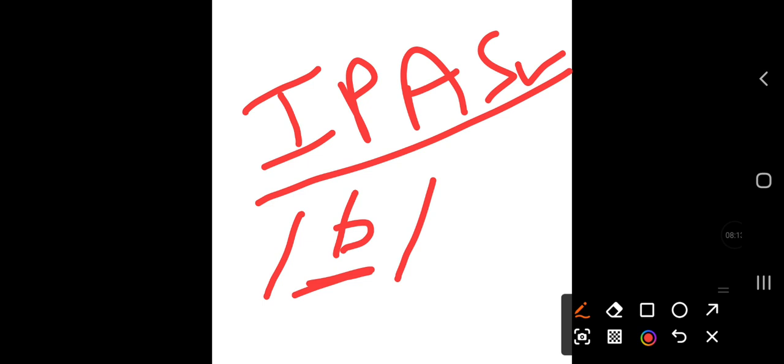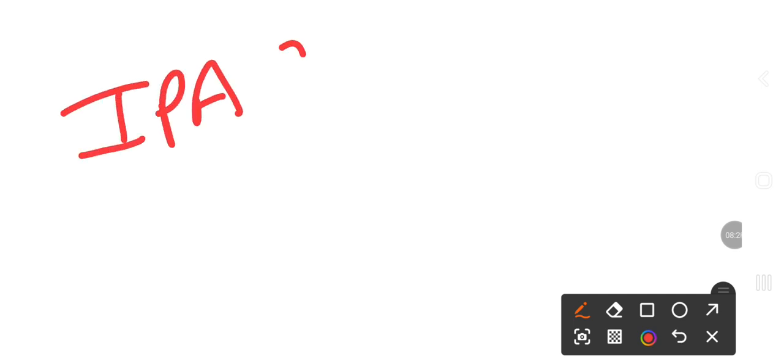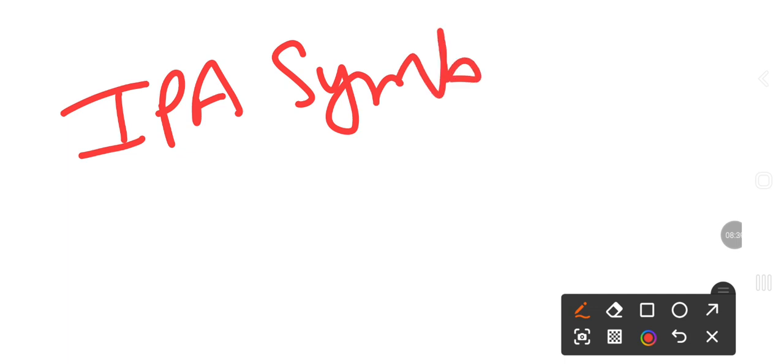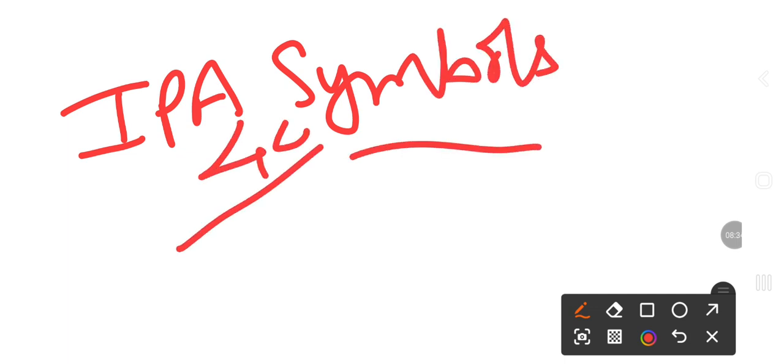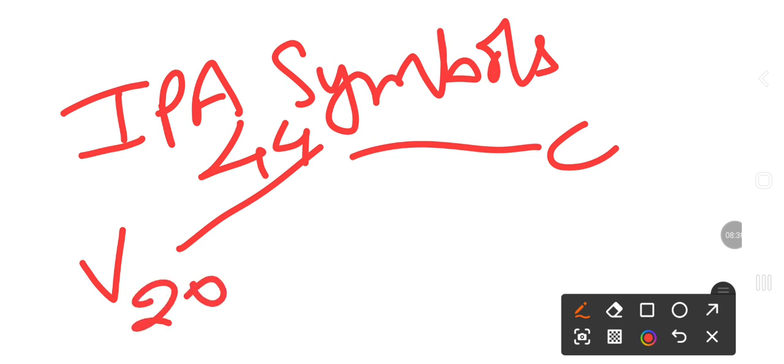So please take care. Now the next point: IPA symbols are 44, divided into vowels and consonants, 20 vowels and 24 consonants.